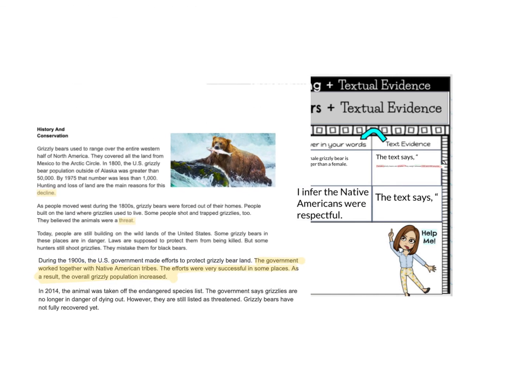I see where it says, the government worked together with the Native American tribes. The efforts were very successful in some places, and because of that, the population increased. So if I want to prove that they were respectful, then I think my strongest evidence would have to be that they worked with the government. So I'm going to say the government worked together with Native American tribes as my evidence.